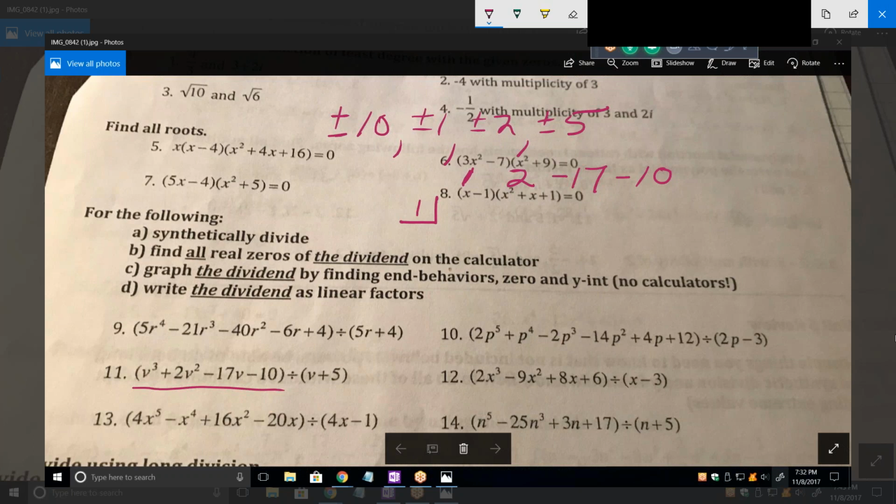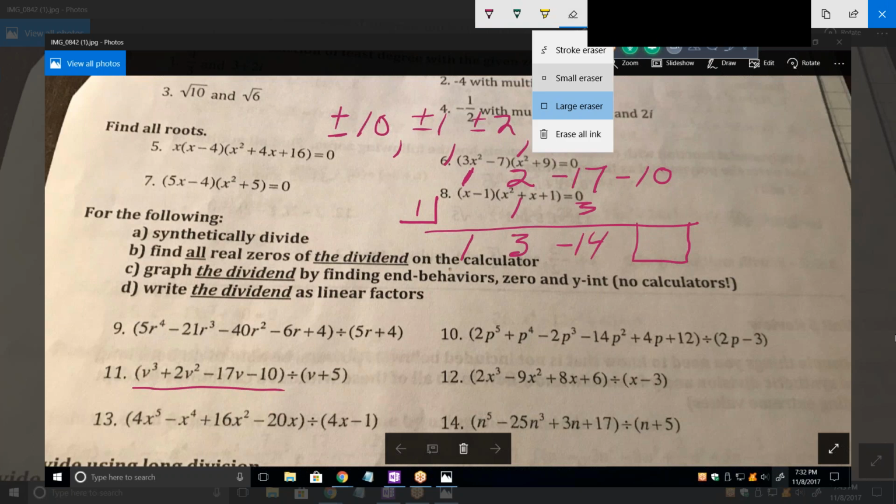So I'm going to put a 1 in there. All I've got to do is go through this until I see that it is not 0 or that it's going to be 0. I know you know how to do it, so I will do it. It's not going to be 0, so 1 doesn't work.